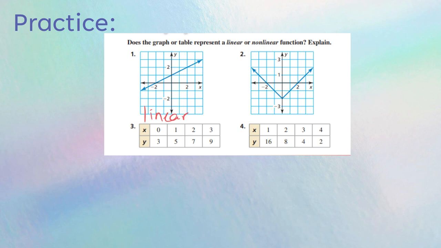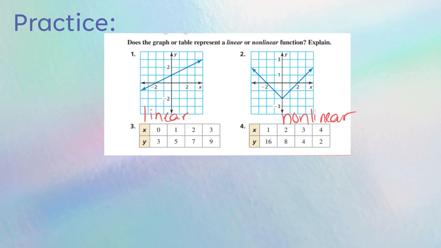What about number 2? Is it non-linear or linear? I know where you guys can get confused, but you're like, it's non-linear. But is it still a function? It's still a function. It's just not linear because it's not a line.